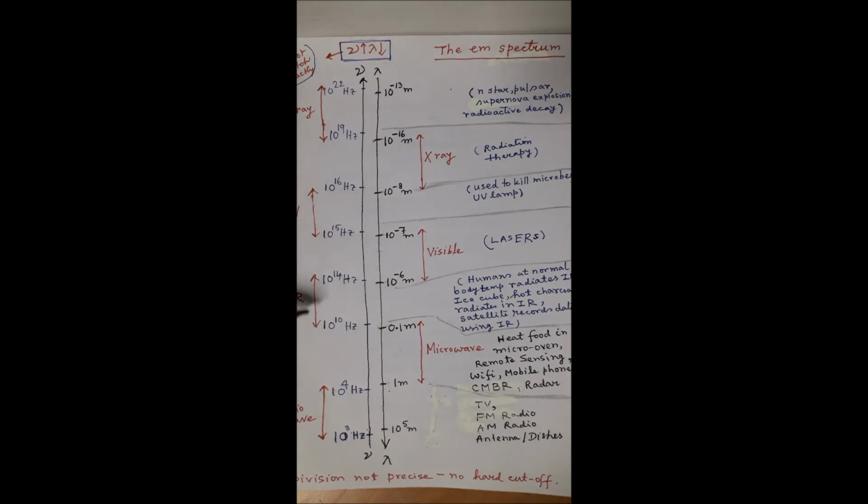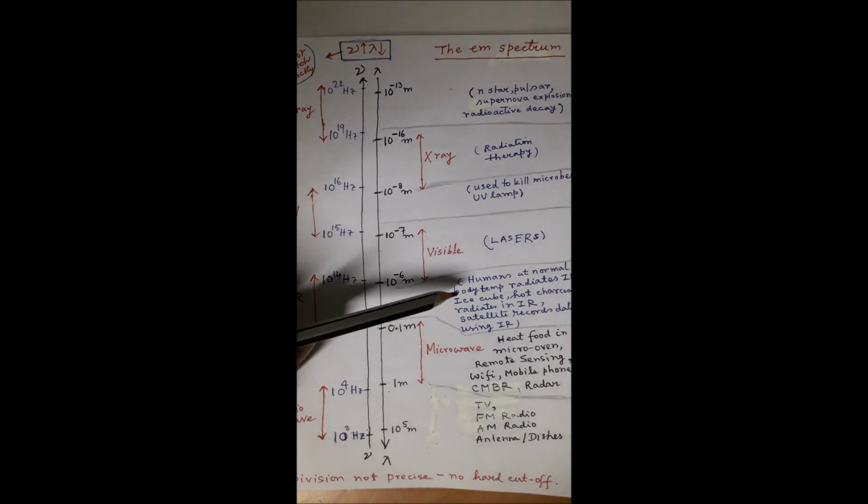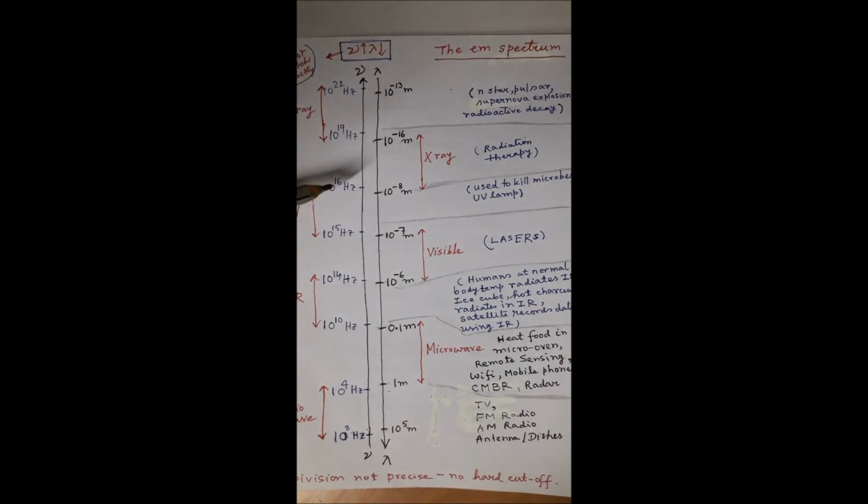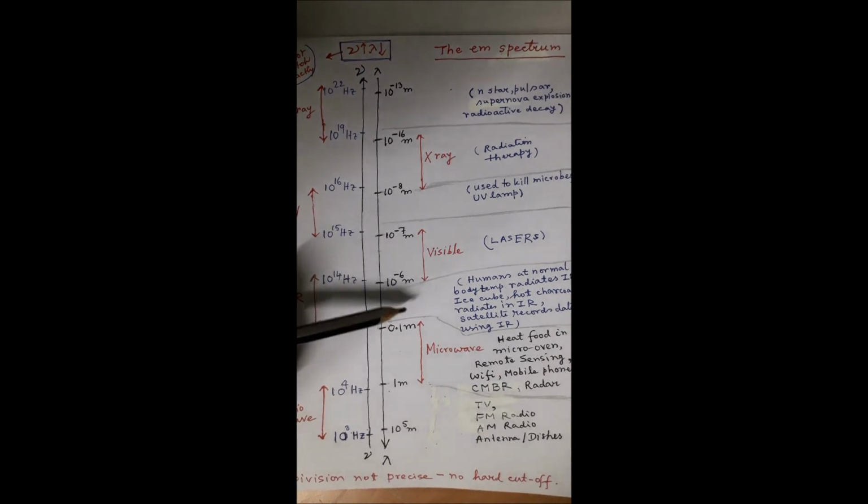The infrared region is again a very important region. Humans at normal body temperature radiate, and this radiation falls in the infrared region. Also, if we consider an ice cube or a hot charcoal, the radiation they emit will also fall in this region.